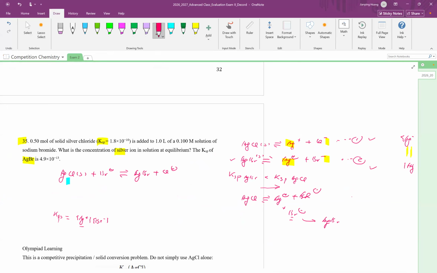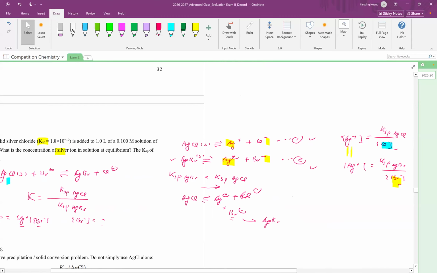Now, in order to calculate this one, I want to calculate Br minus equal what? Now, how can I do that? From this equilibrium, we can calculate K. So K equal what? Equal KSP and the KSP.